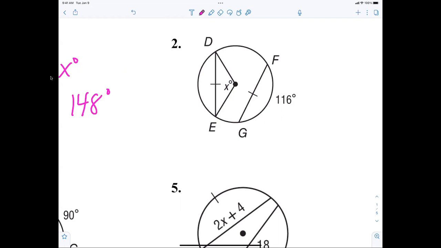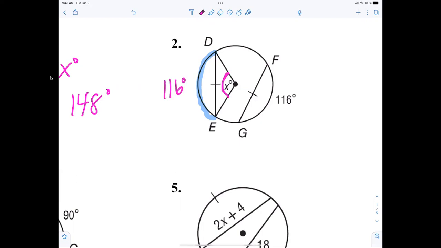You may want to take a guess at it. 116. Of course it's 116. How do we know it's 116? There are 2 lines. We'll call those chords. The 2 chords are congruent. Therefore, the 2 arcs are congruent. So arc DE is how many degrees? 116 degrees.